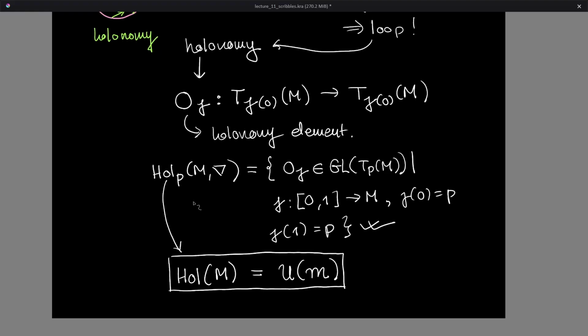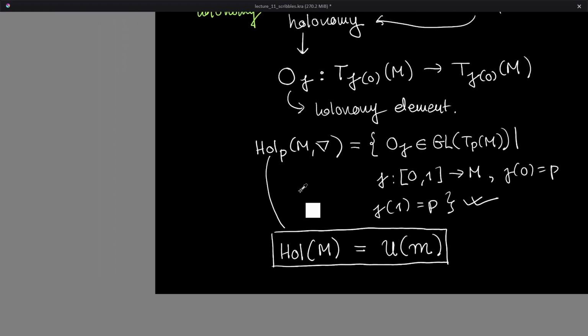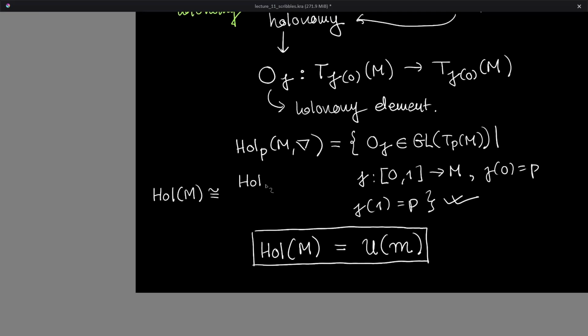Well, basically, let me erase that arrow. Hol_M is isomorphic to Hol_p(M, nabla) quotiented by this group Hol_p0, which I'm just going to describe. I don't think it's extremely necessary to get too much into it. This is the group of operators of contractible loops, meaning loops that can be shrunk to a single point without any obstructions.